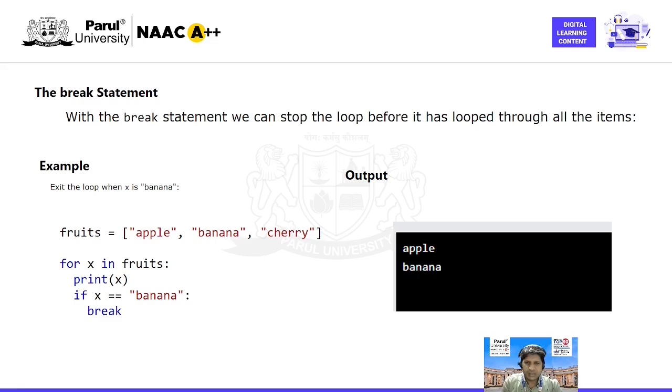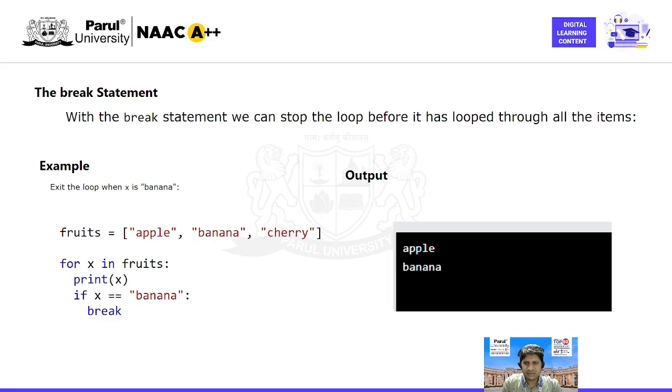Whenever we find the banana, the remaining list will not be printed. Only the list from the first element up to the banana is printed. Once the banana is reached by the variable, it stops.